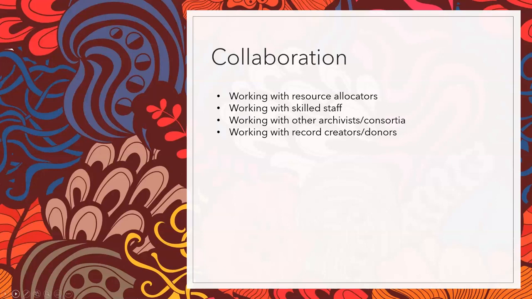They talk about how, when you're working with donors and creators, you need to make your interactions and collaborations with them as simple as possible, because otherwise they may not do what you ask them to do.